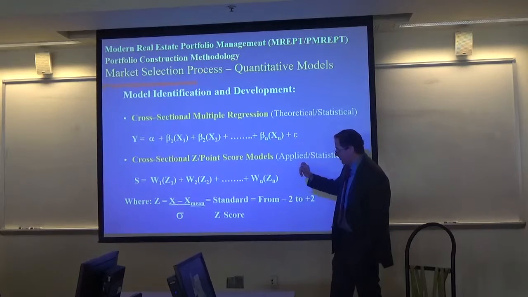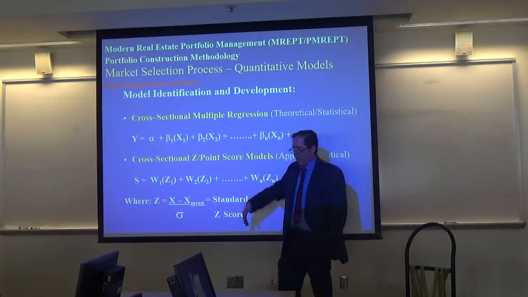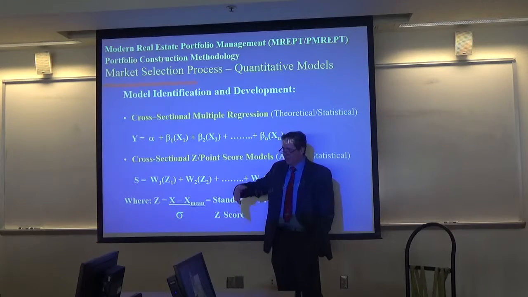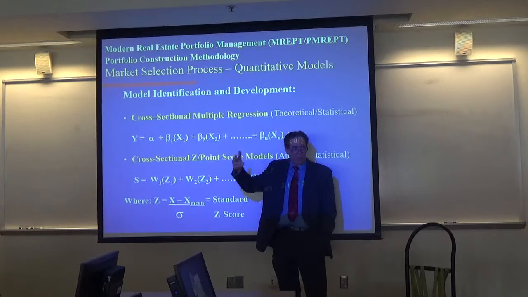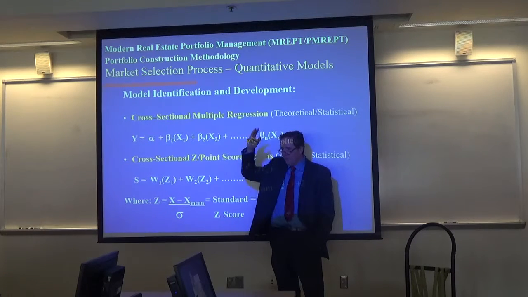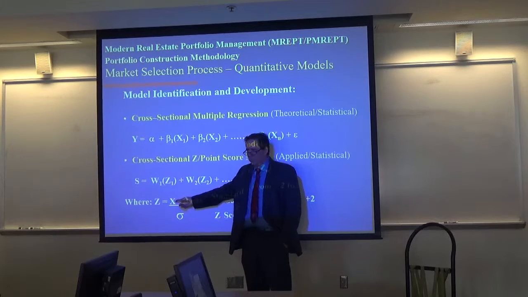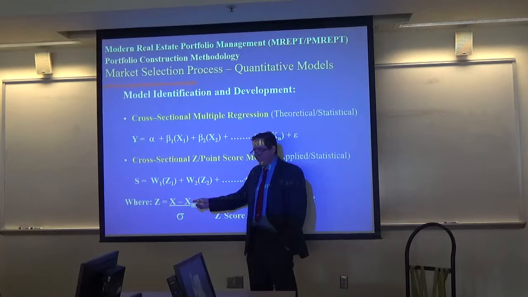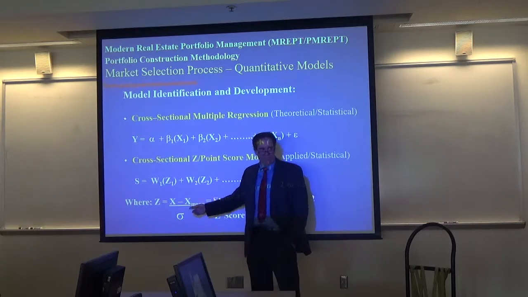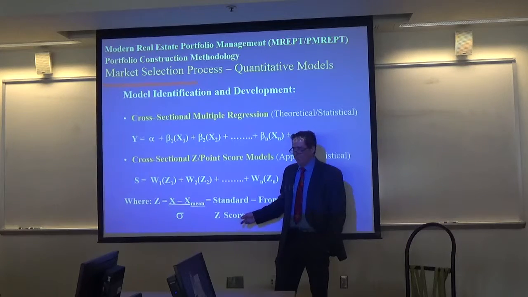I used z-scores. Z-scores are when, let's say I have a sample of 14 metros, I got employment growth forecast for the next 5 years for each of the metros. I'm basically going to take the actual employment growth for, let's say, LA, minus the mean for the whole sample, divided by the standard deviation, I get a z-score. These are standardized scores.